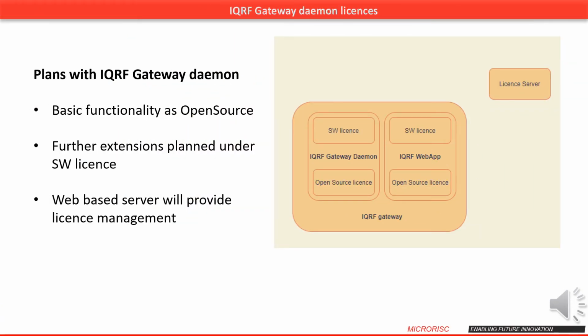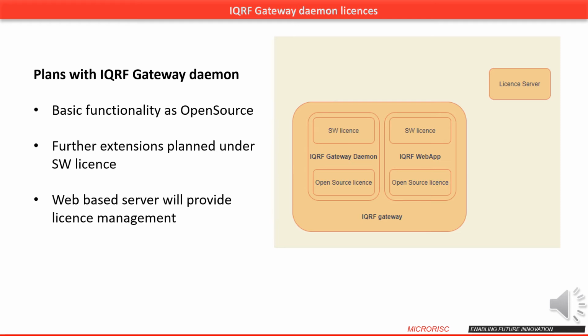The Iqrf Gateway Daemon and Iqrf Gateway Web Application projects are designed in a modular way. Both Daemon and Web App have their basic functionality already defined, ready as open source. Further extensions are planned for both Daemon and Web App under software license.